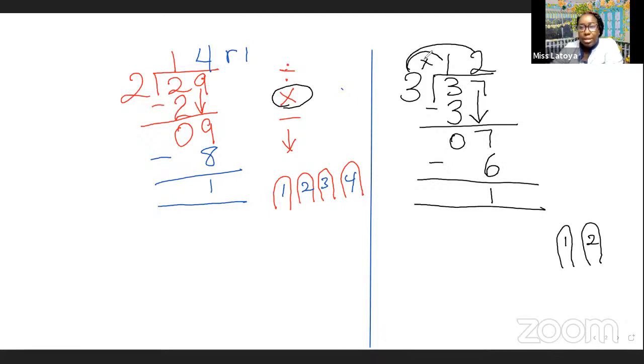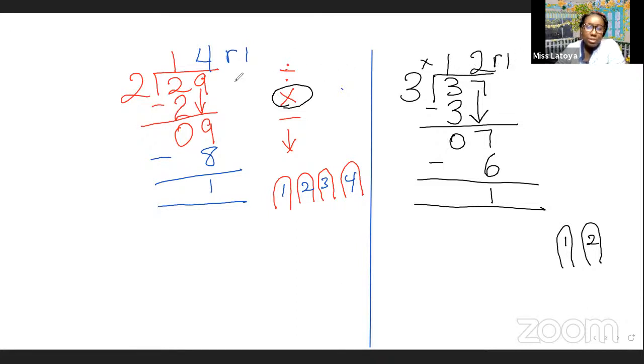So how much times could 3 go into 37? 3 can go into 37 12 times with a remainder of 1.